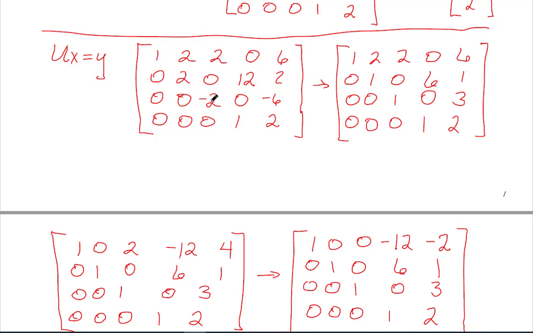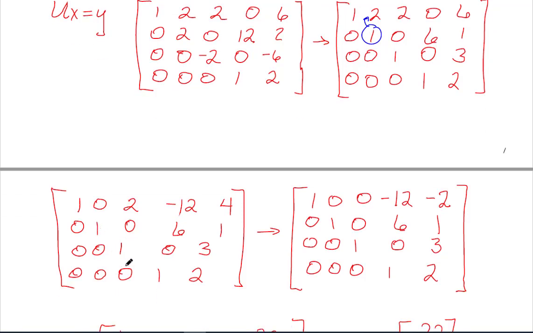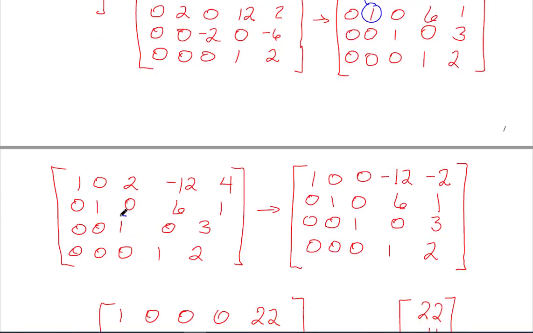Well, I can take this row and divide by minus 2. That looks good. I can use this 1 to make a 0. Once that's done, I then will use this 1 to make this a 0.